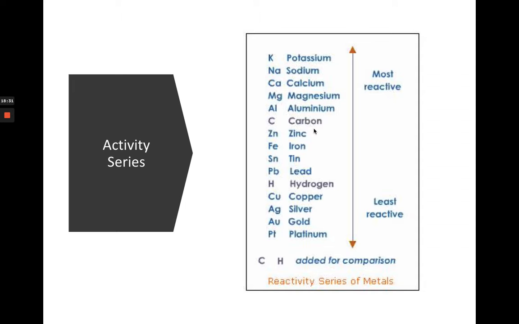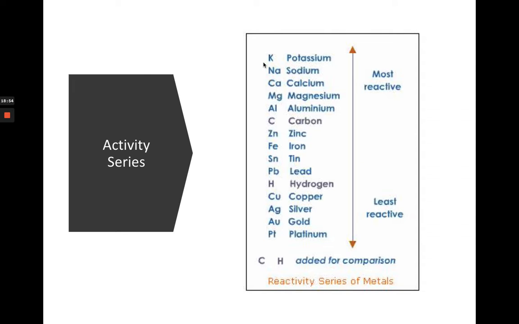Now, how do you tell who's Todd and who's Joe, who's more active? Well, we have a ranking system, and it's found experimentally, called the reactivity or the activity series of metals. And it essentially says who is the most active, got the biggest muscles, and who has the least big muscles. So anybody on top can replace anyone on the bottom in a compound.